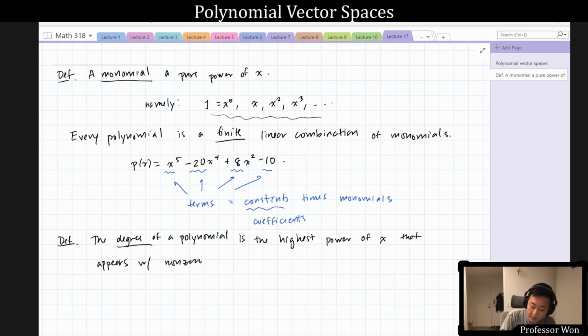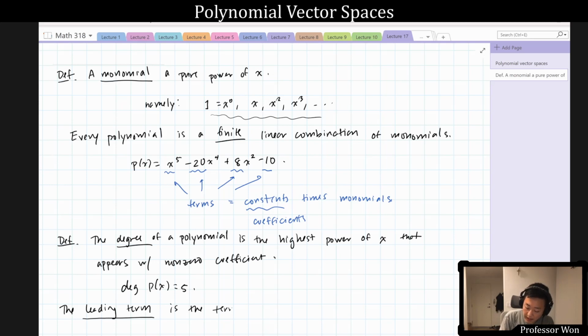So in our example, of course, the highest power of x that appears is 5. So the degree of p of x is 5. Okay, the leading term is the term with highest degree.